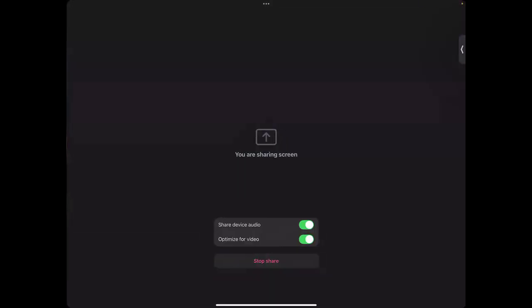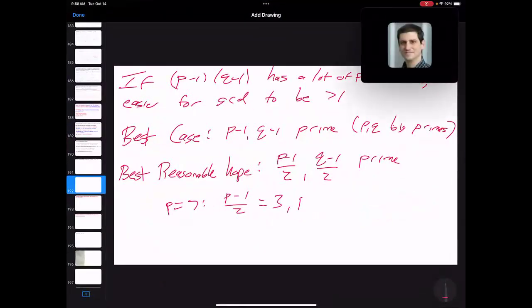If P equals 11, then you get (11 minus 1) over 2 is 5. So it's always true, right? We have 2 data points. I see one person shaking their head in disgust and another person giving me a fake thumbs up.